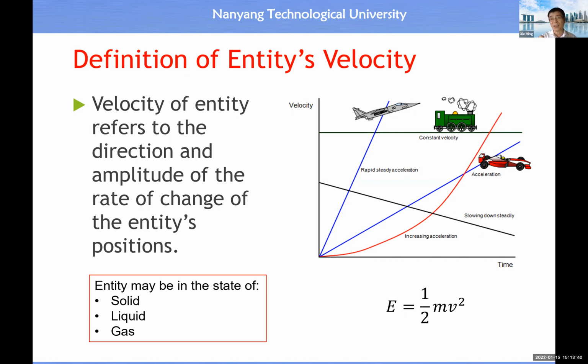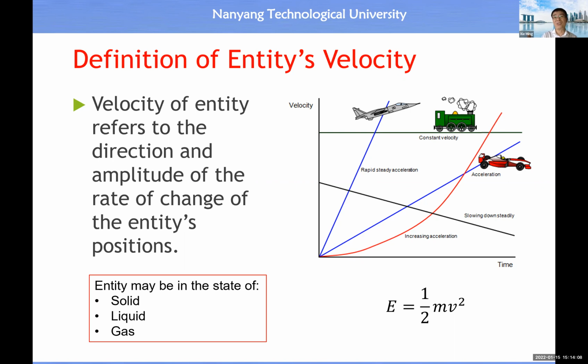Then in this lecture, we will focus on the measurement of fluid velocity. And the fluid here means liquid or gas, right? So then we have a full coverage of measurement of the velocity of an entity, and here entity refers to solid, liquid, and gas, right?